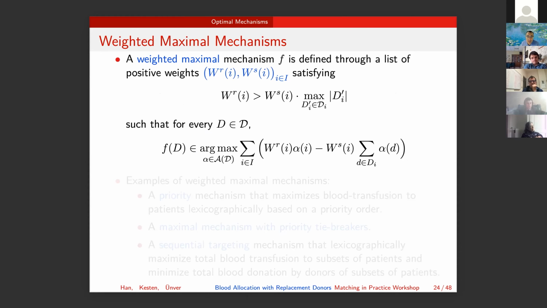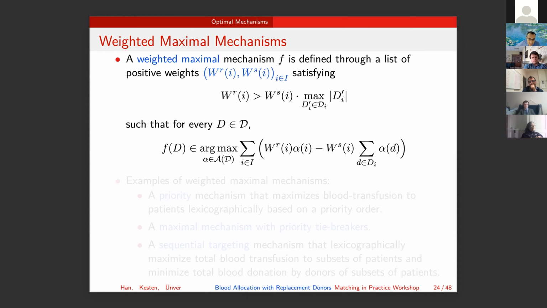Okay, such that WR of I is sufficiently large, meaning that WRI is greater than WSI times the maximum number of donors the patient can give, or if you wish, you can put this SI upper bar, the upper limit of this WI sets I mentioned before. So this is just, it is large.